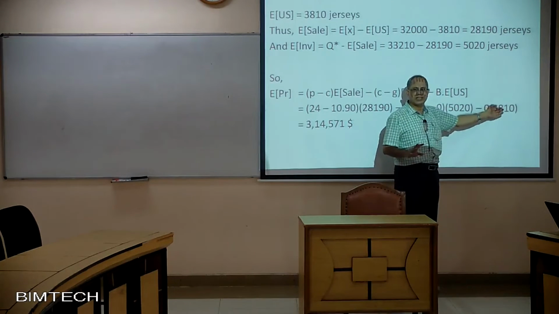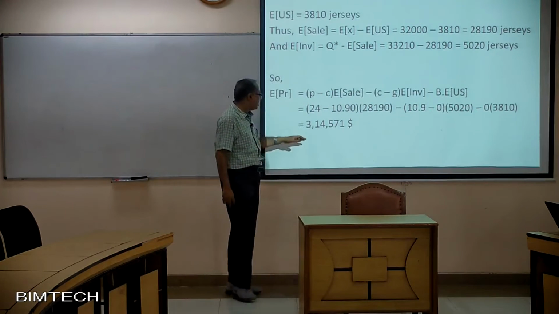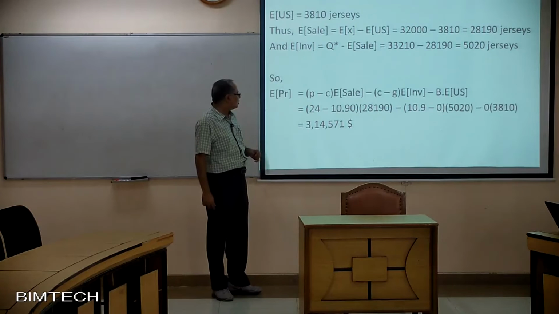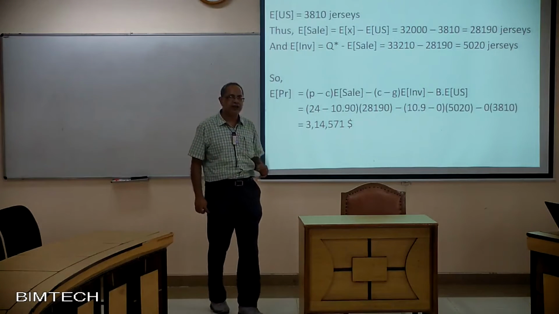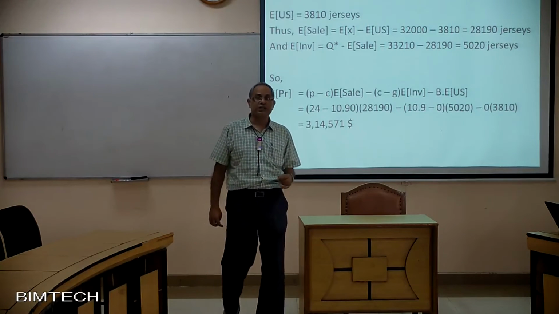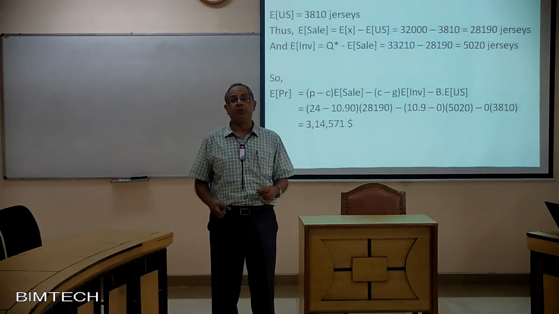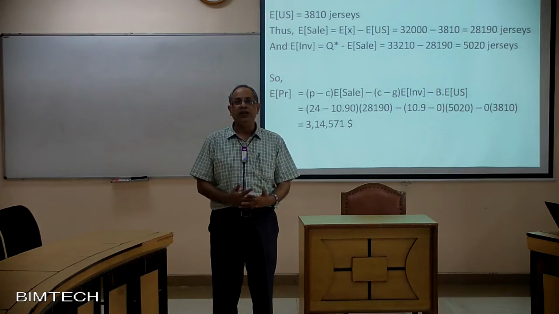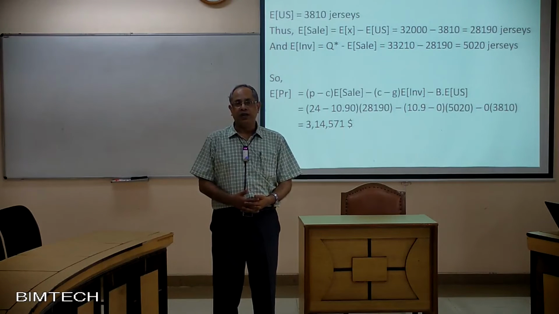We need not have written this since this is going to be 0 in any case, and that gives us a value of $314,571. Now this value of the profit is the maximum expected profit that we can earn from the demand that we are given.